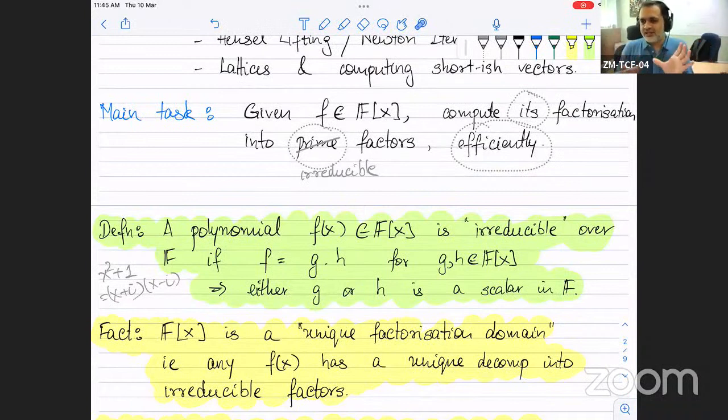One needs to be careful in the sense that g times h and h times g are, in my opinion, the same factorization, and g times h and alpha g times 1 by alpha h are the same thing. So up to these silly ways of coming up with different factorizations, they are unique. I'm not going to really qualify what unique means. You know what it means.